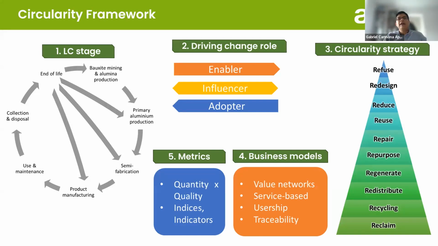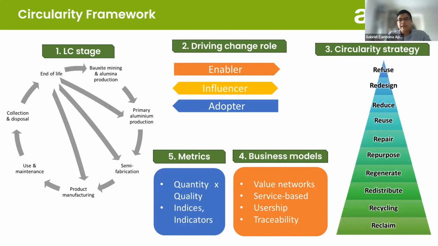within the circular economy. The second aspect is, what is my role in driving change in that circular economy? So we have 3 different: enabler, influencer, and adopter. I will talk a bit more later. Then we have several circular strategies, 10 that are presented here, which is a way to group them.